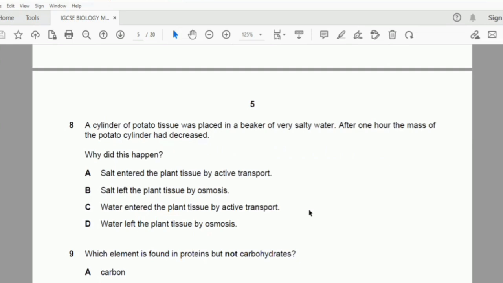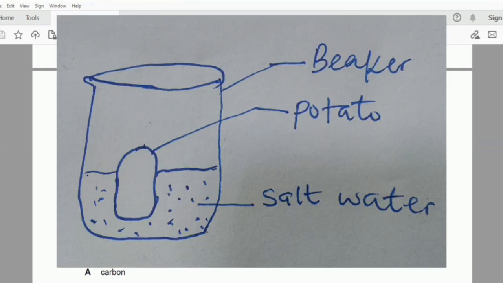Water entered the plant tissue by active transport. Water left the plant tissue by osmosis. You need to understand something here. You're placing a potato tissue, whether it's potato or yam, whatever tissue it is, inside a beaker and it contains salty water. That water is hypertonic. That's a hypertonic solution.